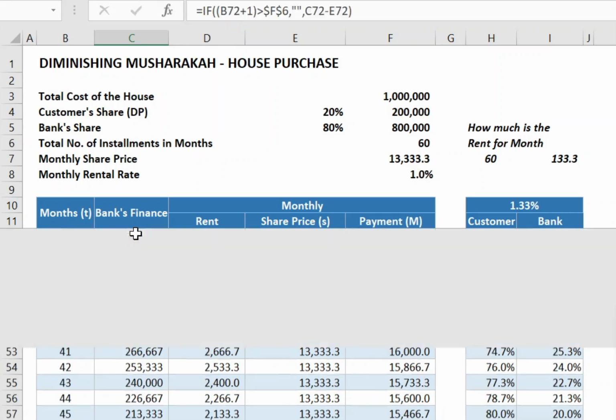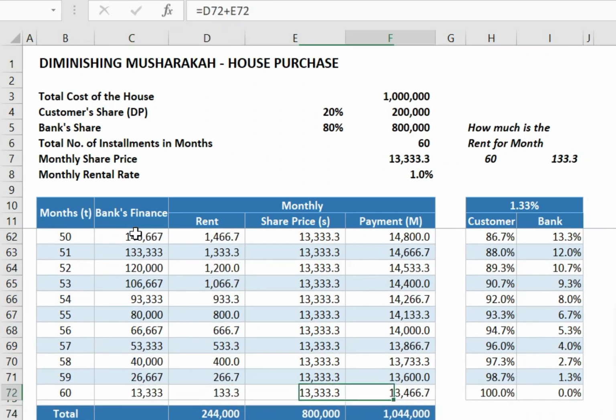As you can see here, the customer ownership interest becomes 100%, while the bank ownership interest reduces to 0.